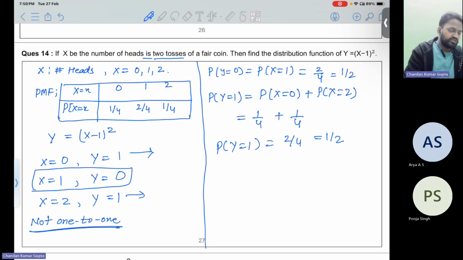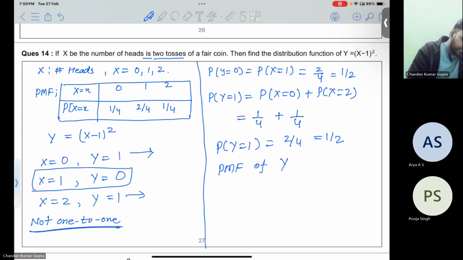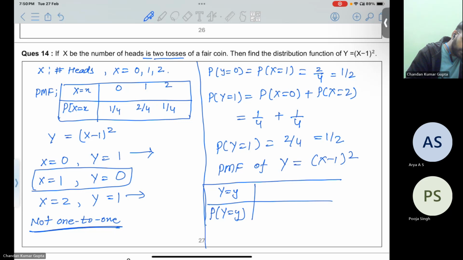So the distribution of y, which is x minus 1 whole square, is: when it is 0, it is 1 by 2; when it is 1, it is 1 by 2.